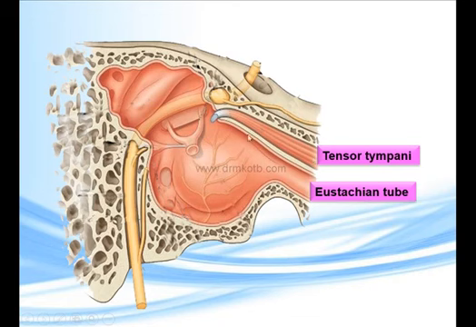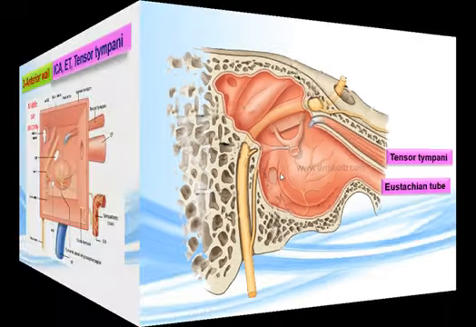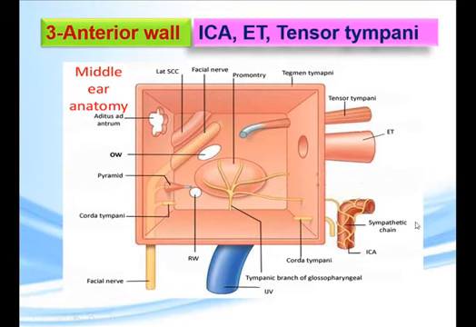This tensor tympani muscle is attached to the malleus bone, and it is very important. Take care, it is supplied by the trigeminal nerve, and we are going to talk about it later on. Just below it is the opening of the Eustachian tube. Again, see it again: an opening for the Eustachian tube, and the tensor tympani muscle canal.